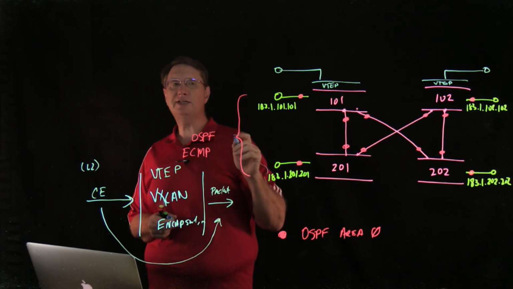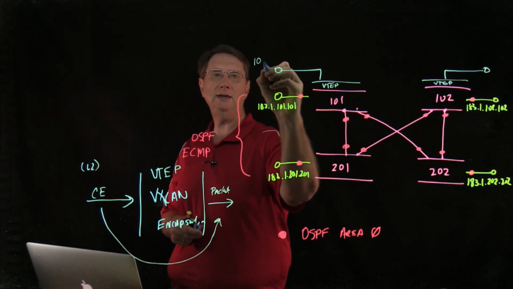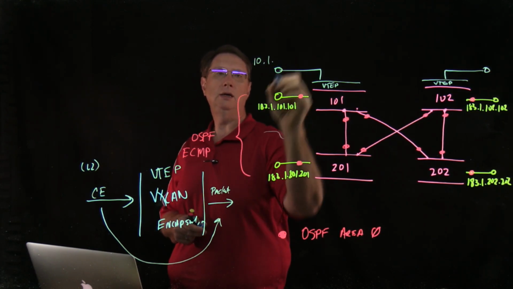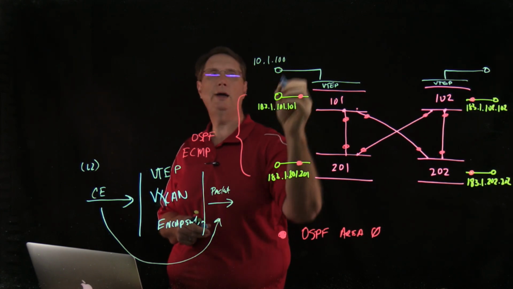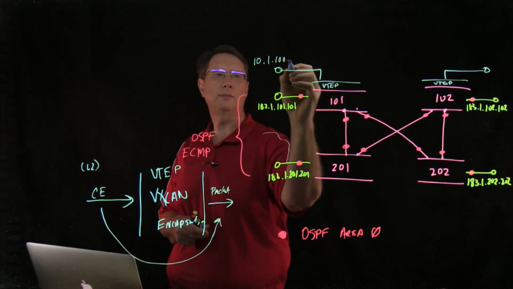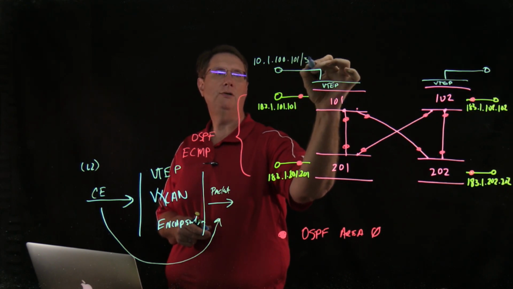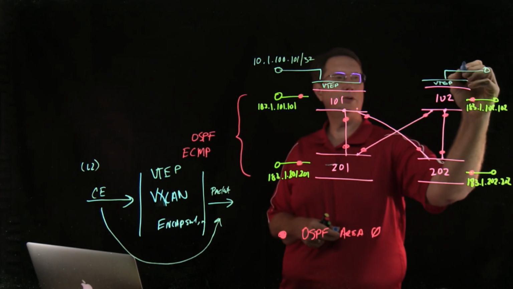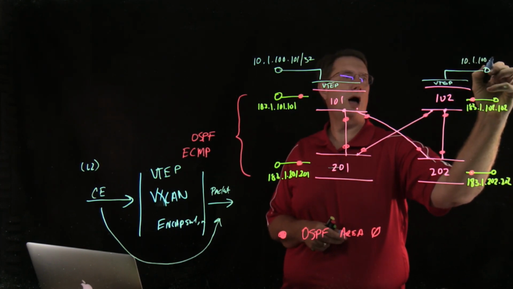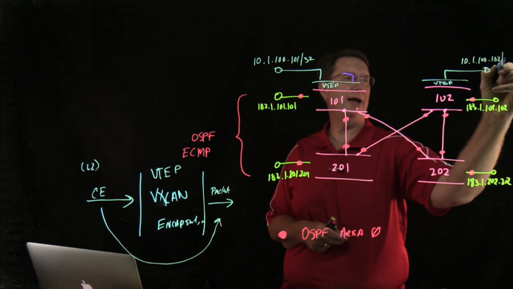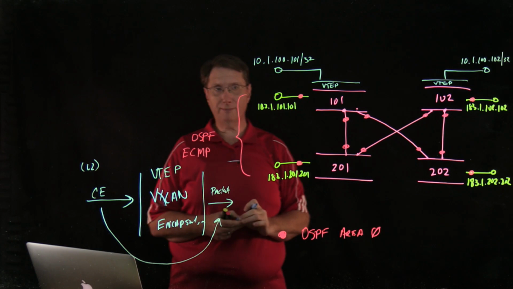The address that we're going to create is going to be 10.1.100.101/32, and over here we'll do 10.1.100.102/32. So that gives me the loopback addresses that I'm going to be using.